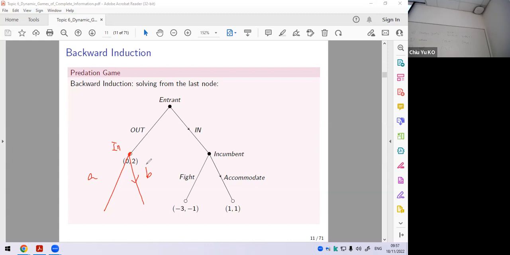But when you talk about subgame perfection, this one did not arise along this path, but you need to check it as well. So subgame perfection means you need to check more than the equilibrium or the proposed path. That's the difference. You need to check every single node. That's why you need backward induction. You need to check every single node to make sure people make the right decision.